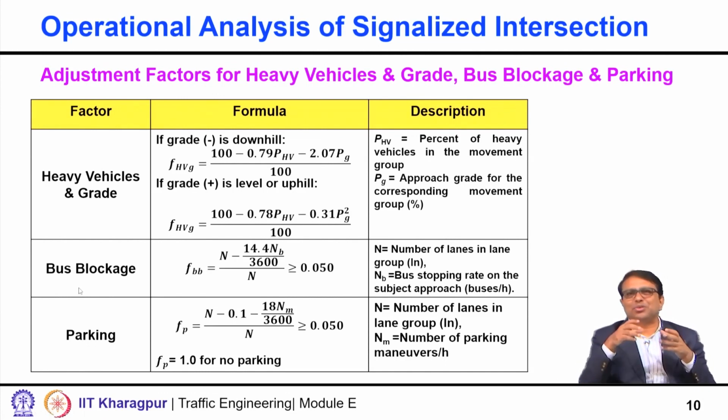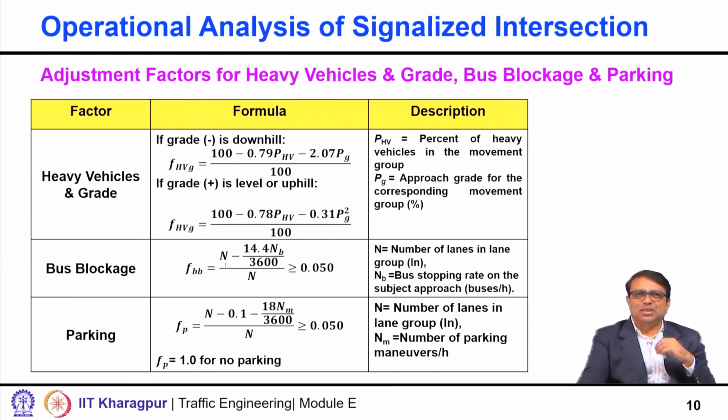Because a bus will stop normally in the curbside lane, the outer lane. Whenever a bus is stopping, at that time the discharge is getting affected. So, how much time is the bus actually occupying? If that can be estimated, then we know how much time that lane is available for through movement.